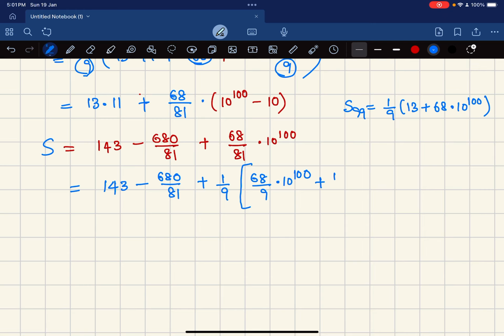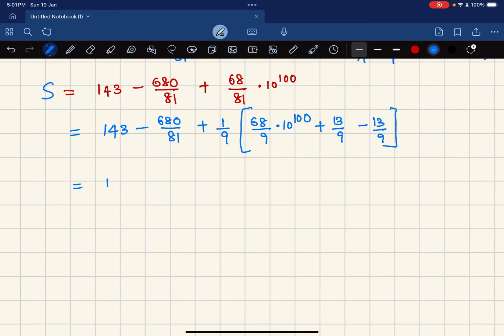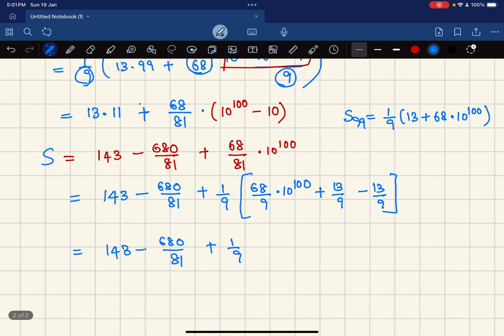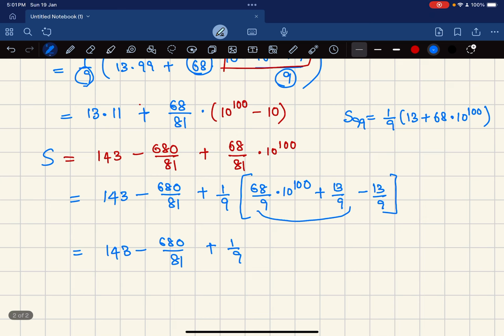Okay. So now I'll add 13 by 9 and I will subtract 13 by 9 from here. So now we have 143 minus 680 upon 81 plus 1 by 9 times, and if you check, this is simply S99. So 1 by 9 times S99 minus 13 by 9.